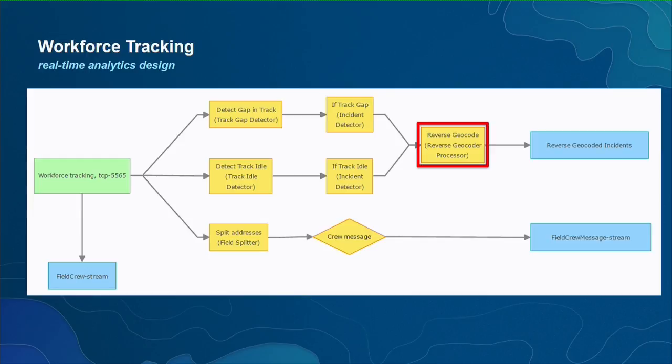But in many cases, if a person wants to be able to respond to that in some way, to go to that location and check it out, an address might be much more useful to that person. So we could send the longitude and latitude, but this custom processor was written specifically to take that longitude and latitude and send it to an external geoprocessing service and fetch the nearest street address to that longitude and latitude.